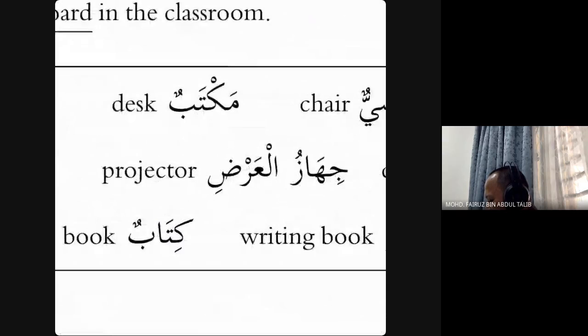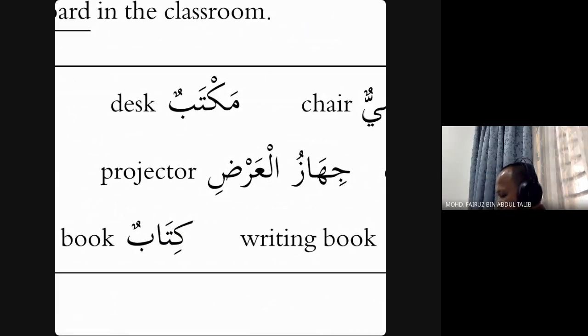Next word is to say projector. We have two words. The first word is jihaz. The second one is al-ard. We combine the two words. We say jihazul ardi. Jihazul ard. Come again. Jihaz, that is the first word. The second word, al-ard.